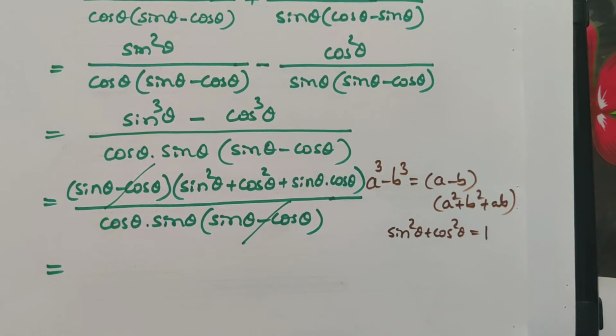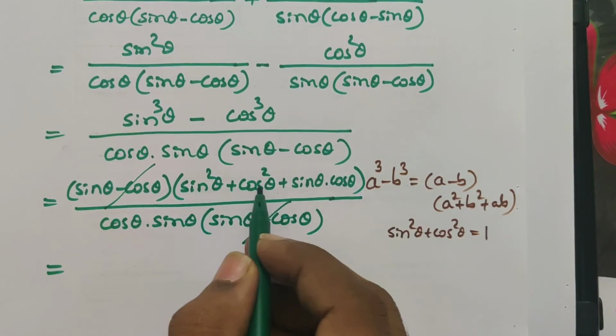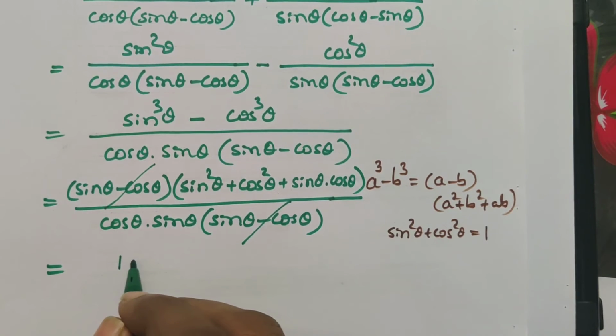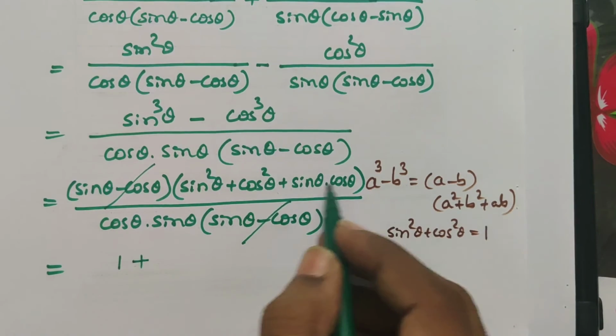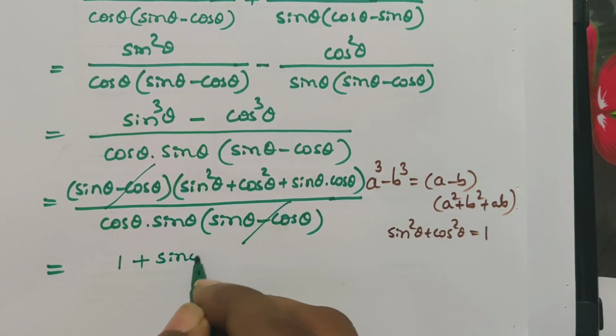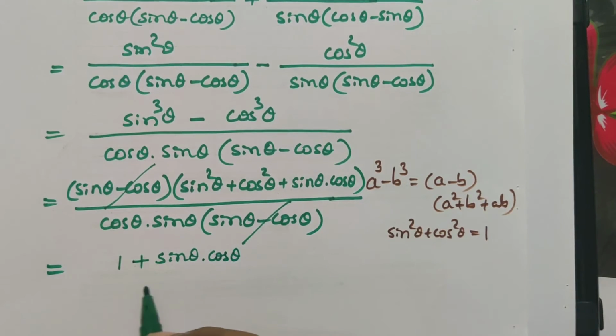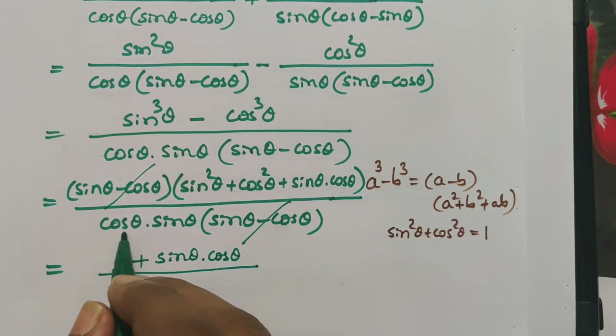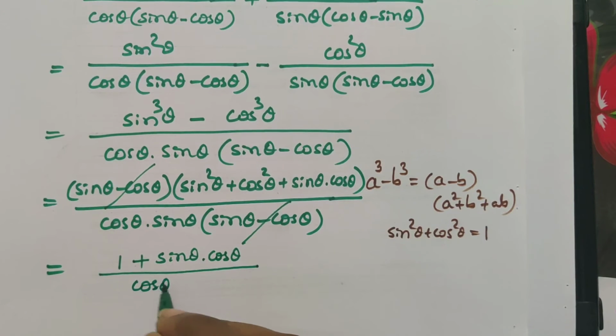It's a fixed identity. So in the place of sine square plus cos square, I will write 1 plus sine theta cos theta, whole divided by what we are left with, cos theta into sine theta.